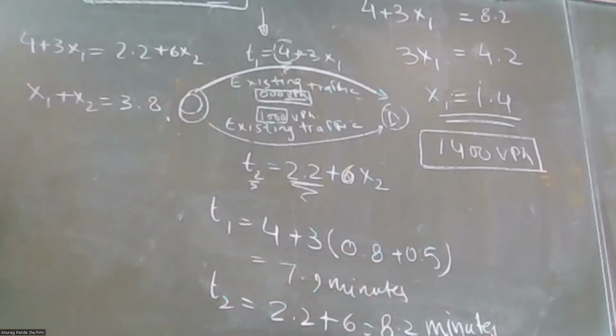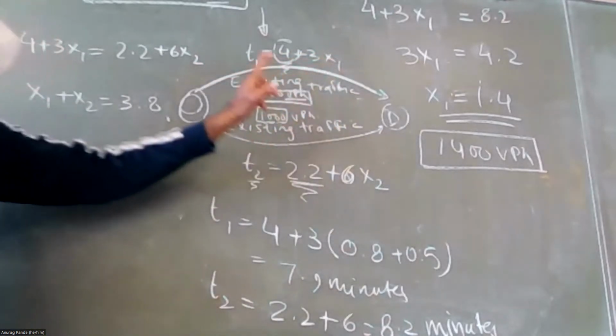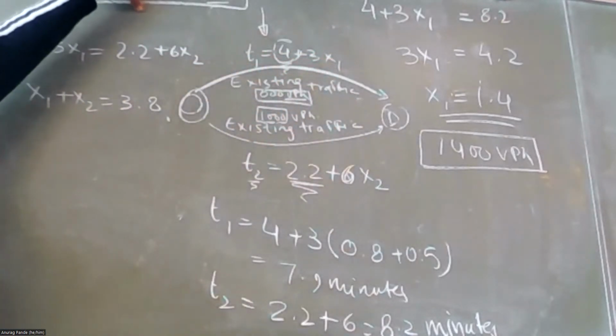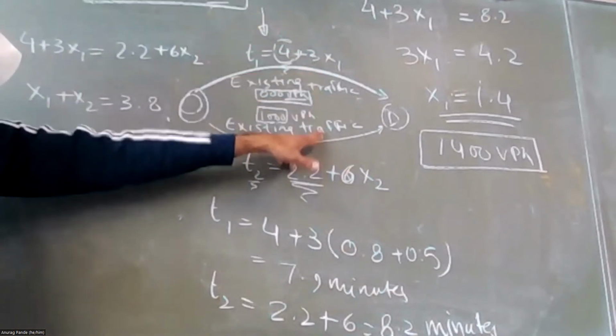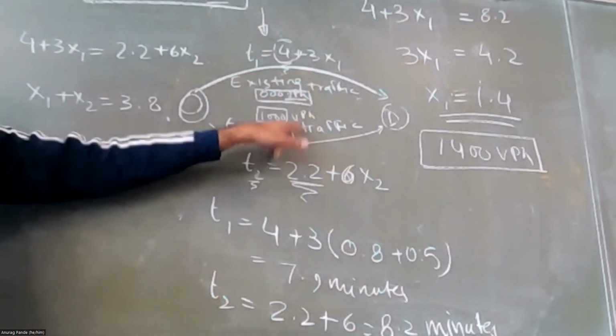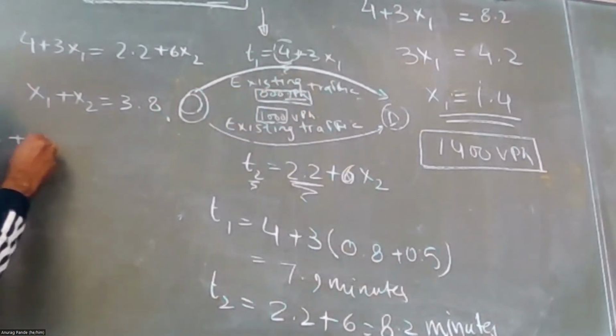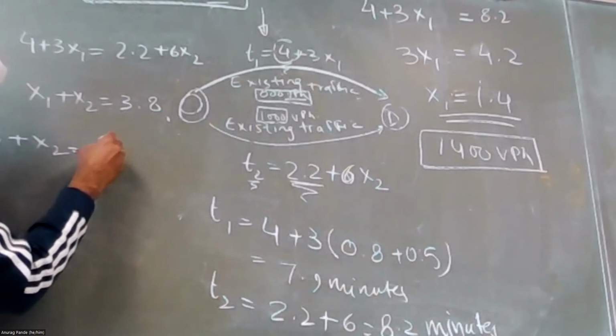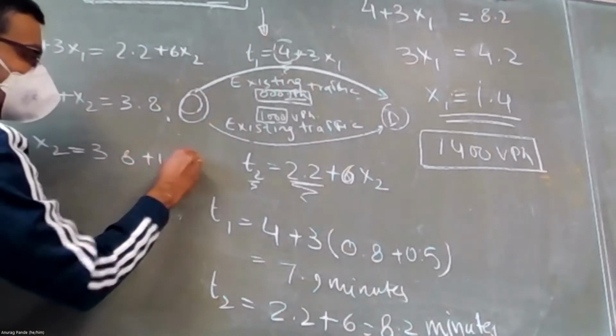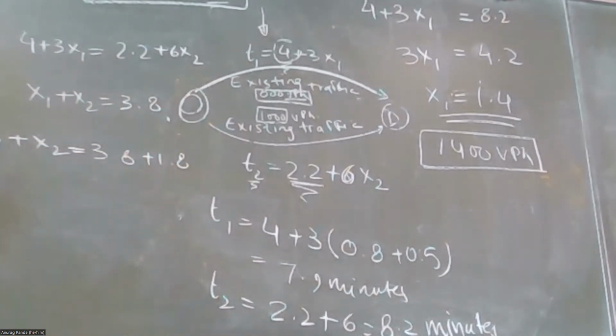So what would be the total demand flows? x1 plus x2 will be equal to this 3,800 plus whatever was going on those routes before. So x1 plus x2 actually has to be 3.8 plus 1.8 that existed before.